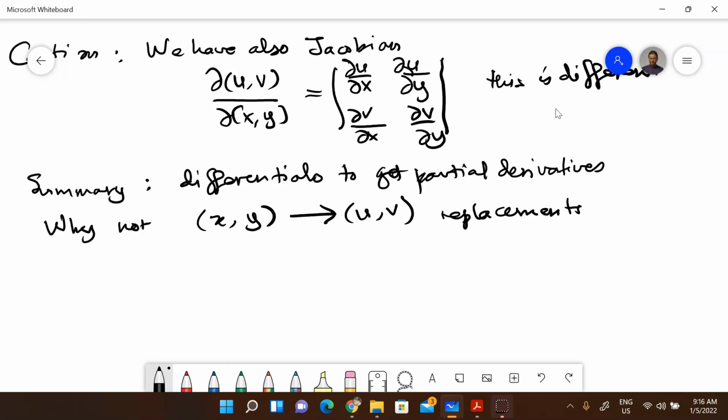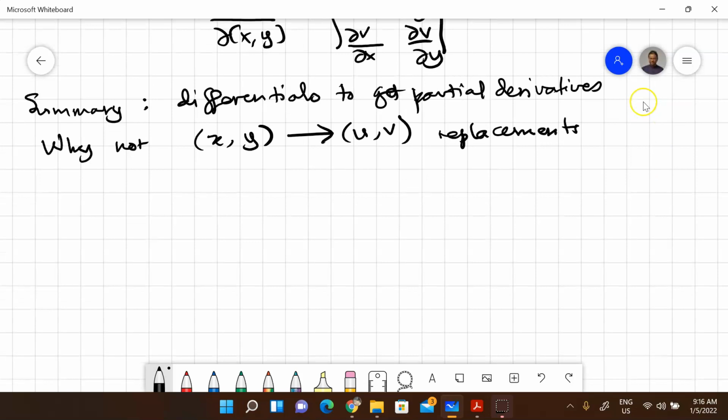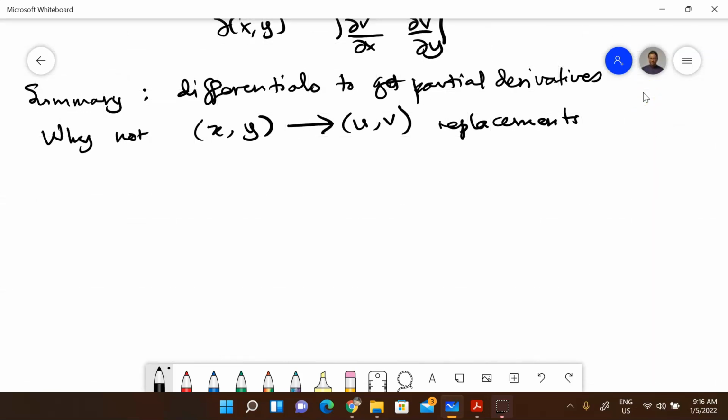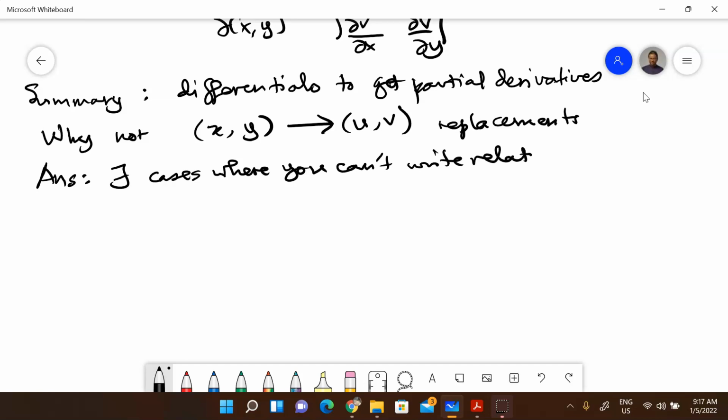Here is an example where you can really see that. There are these cases where you cannot write the relations directly. So doing differentials gives you a way of overcoming this problem.